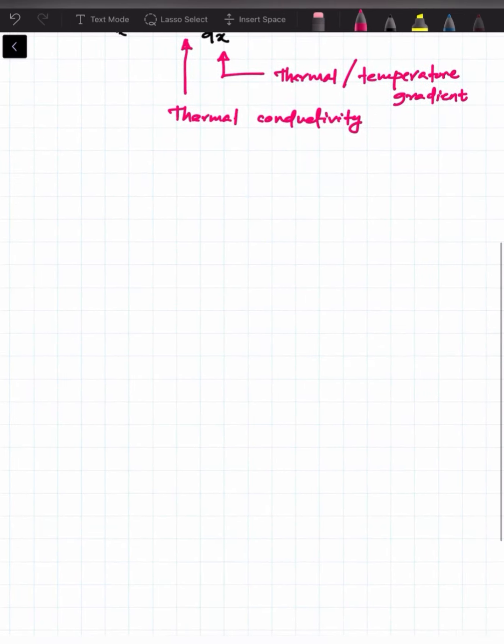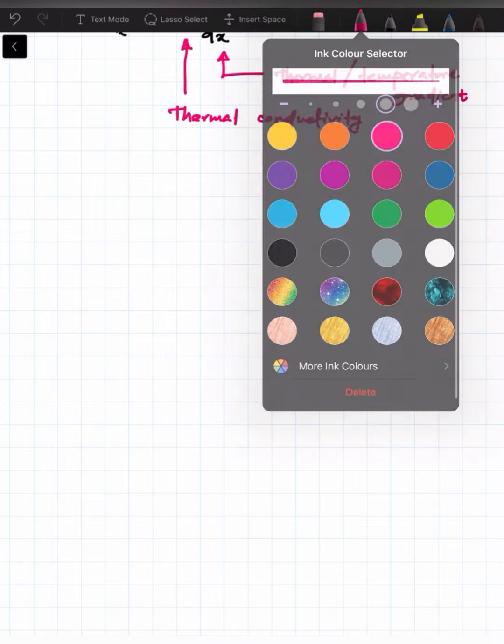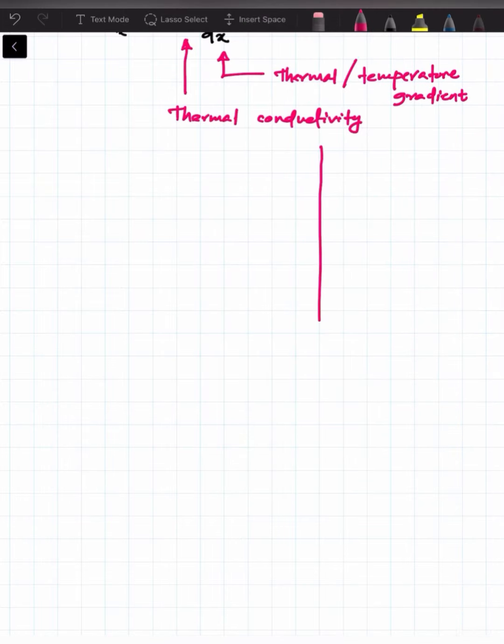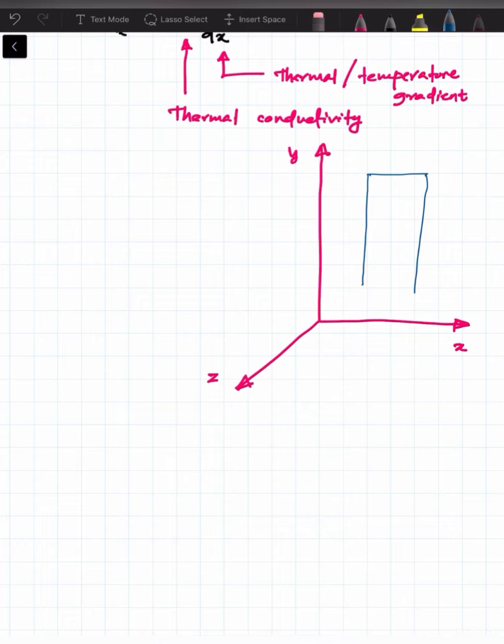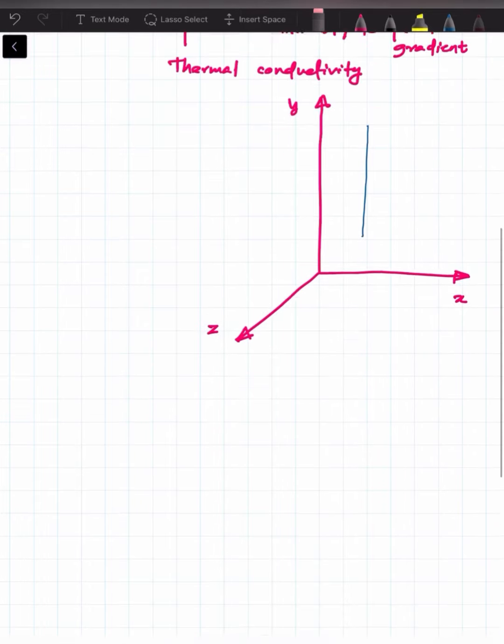Now let us consider a situation where we have a three-dimensional slab. I'm trying to draw a 3D slab here using a Cartesian coordinate system of x, y, and z coordinates. Let me draw a straight line.